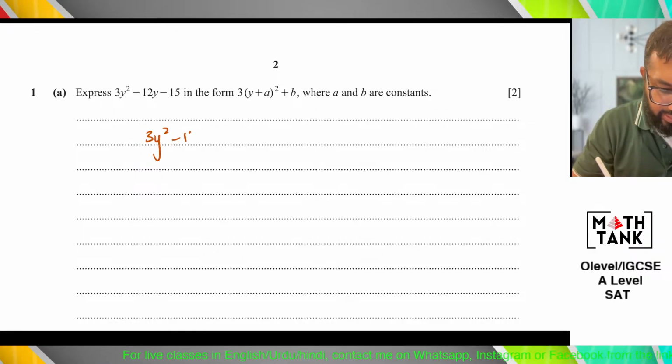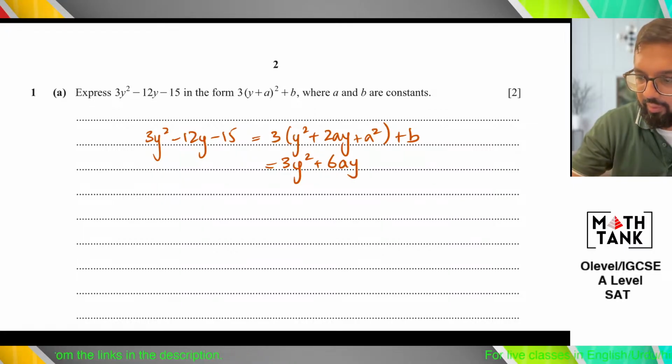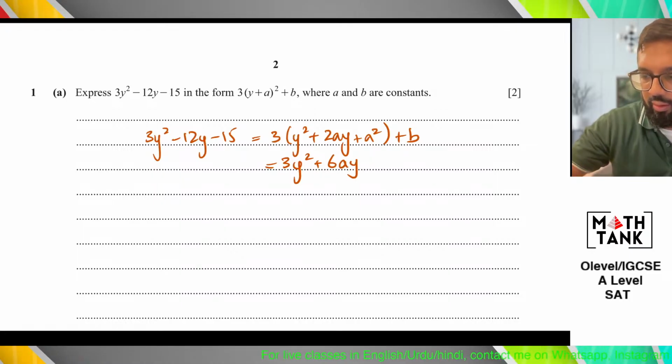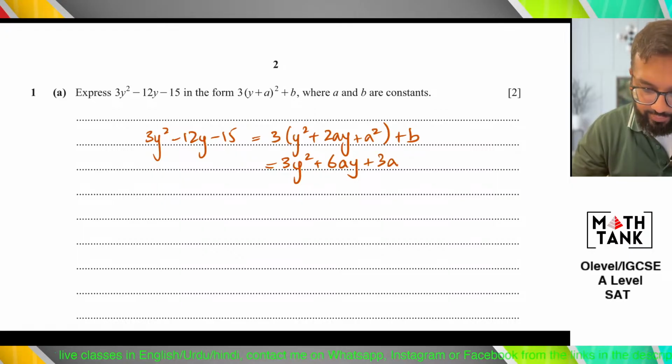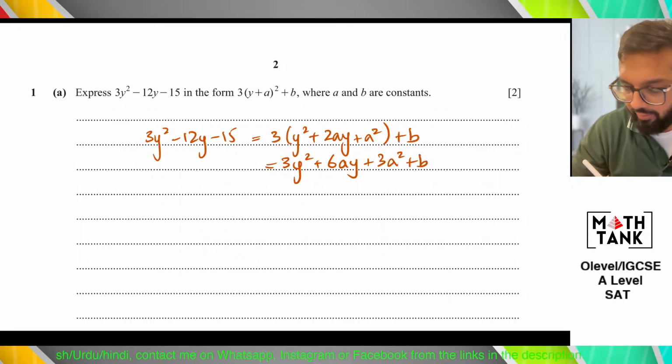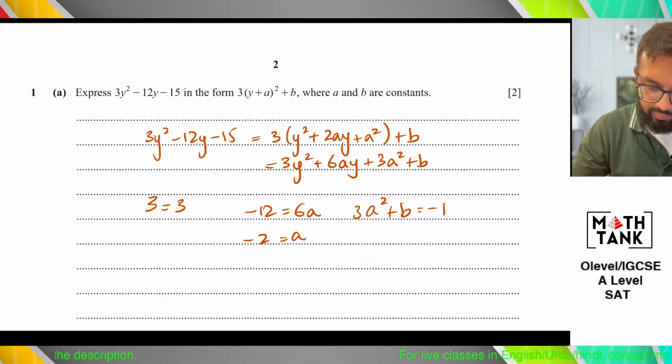So 3y square minus 12y minus something equals 3y square plus 2ay plus a square plus b. 3y square plus 6ay plus 3a square plus b. So 3 equals 3, minus 12 equals 6a, a equals minus 2, and 3a square plus b should equal 15.